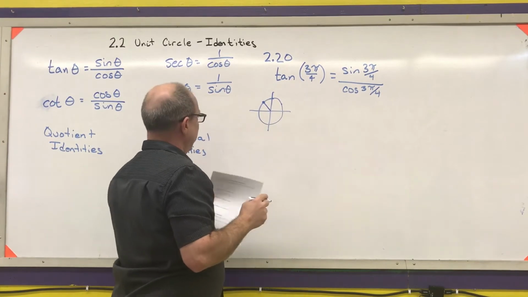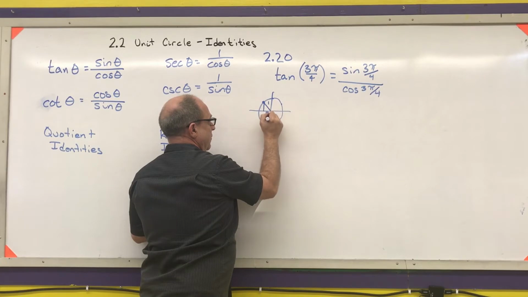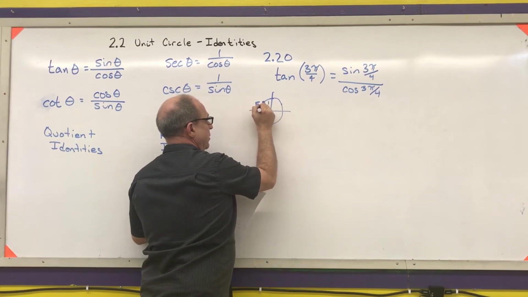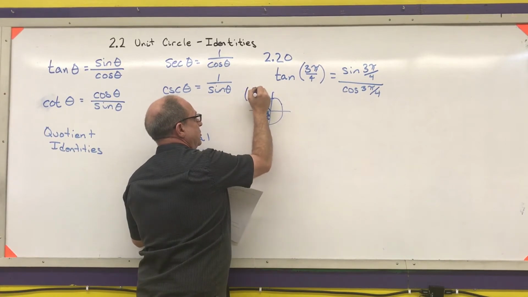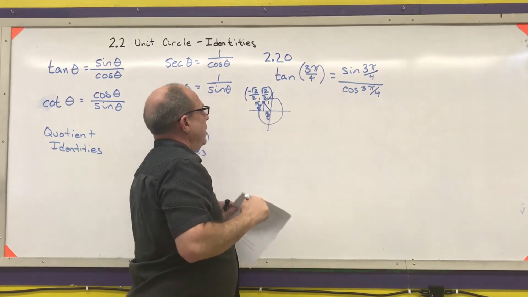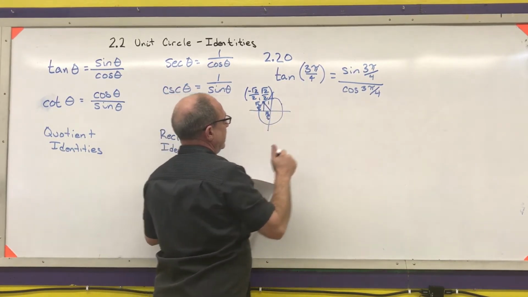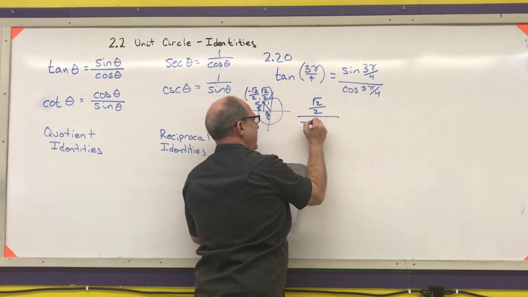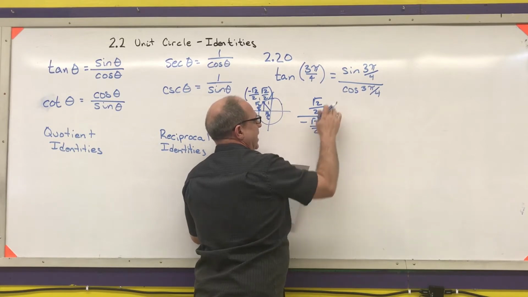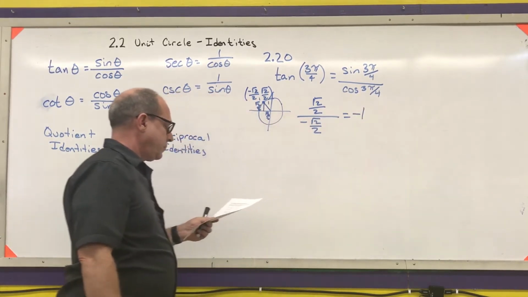Then I write down my memorized side lengths, which are square root of 2 over 2, square root of 2 over 2. I identify the coordinates of this point, which would be negative square root of 2 over 2, square root of 2 over 2. Use the fact that the x-coordinate is the cosine, the y-coordinate is the sine. That's going to give me the square root of 2 over 2, all over negative square root of 2 over 2. Any number divided by its negative is negative 1.